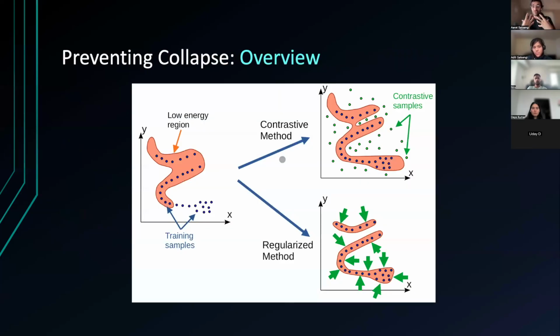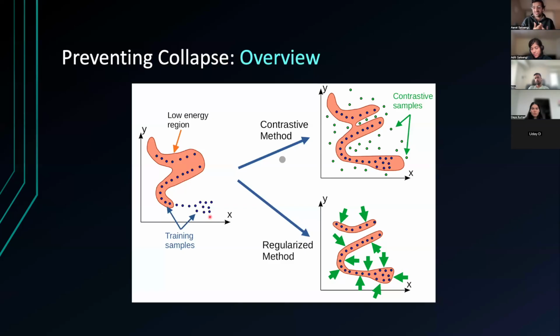Just to give you an overview of what contrastive methods and regularized methods are. In contrastive methods, for the points that are compatible with each other, let's say this is the representation space and all of these dots are compatible, we want all of these dots to have a low energy.